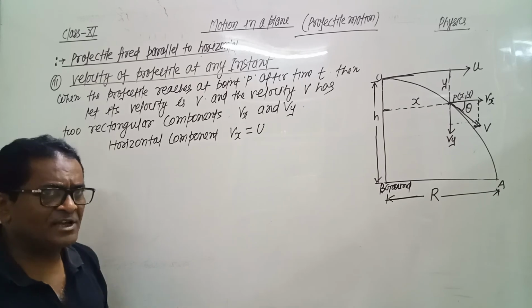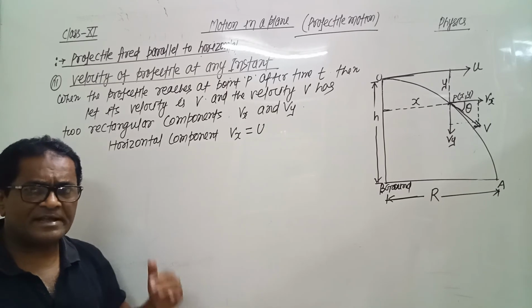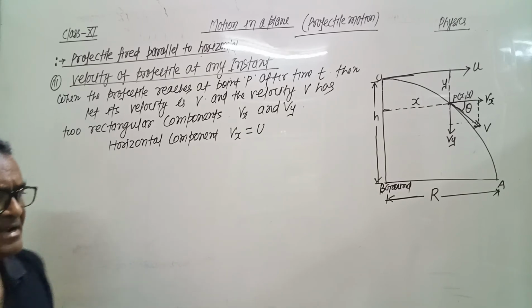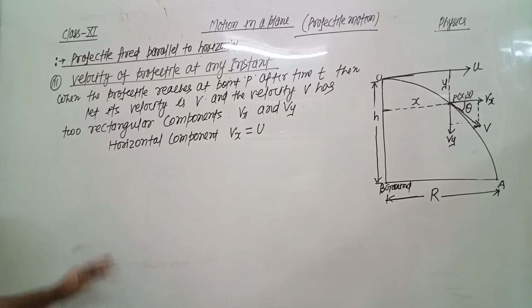What changes is the vertical velocity at every point of the trajectory, but the horizontal component Vx remains constant. It was projected with velocity u, which was the horizontal velocity.